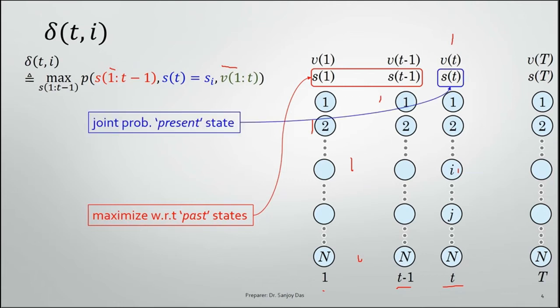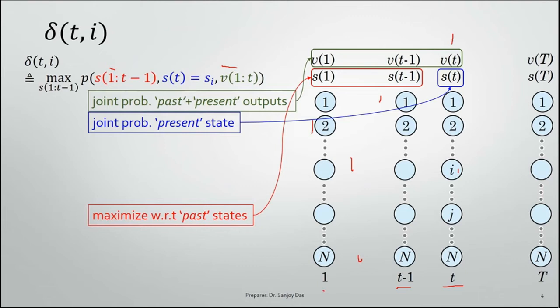And St is the present state. And the output sequence is V1 through Vt. So this delta t i is the maximum of the joint probabilities of the observed output sequence, which is V1 through V lowercase t, and state St equals Si, maximized over all possible previous state sequences.